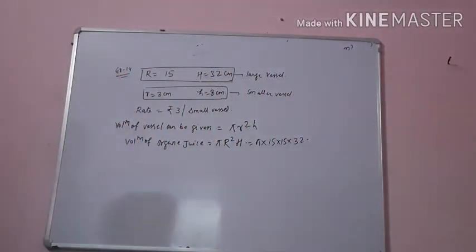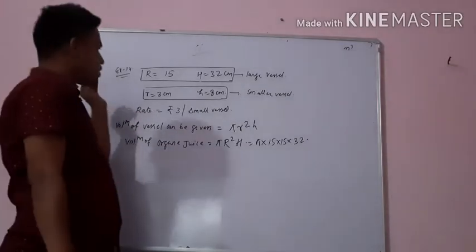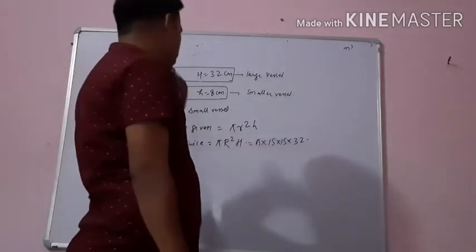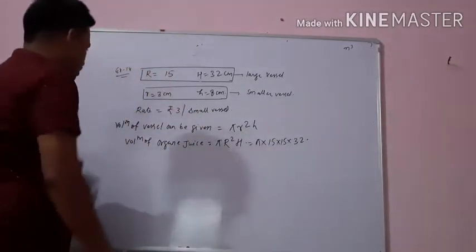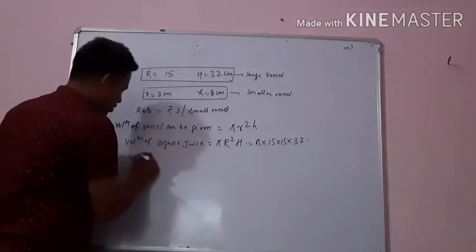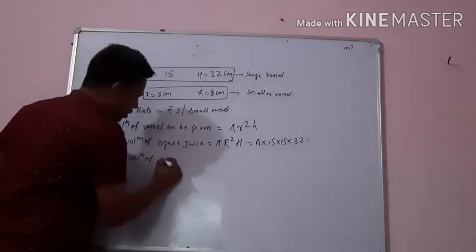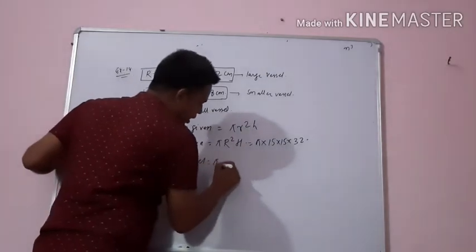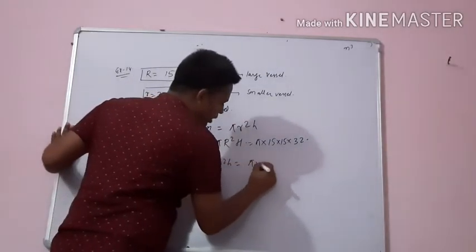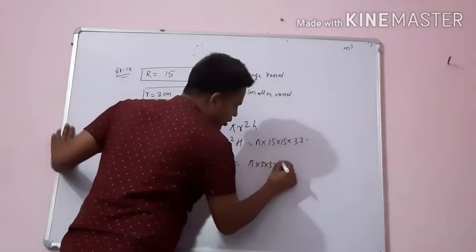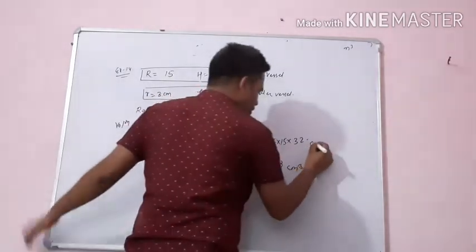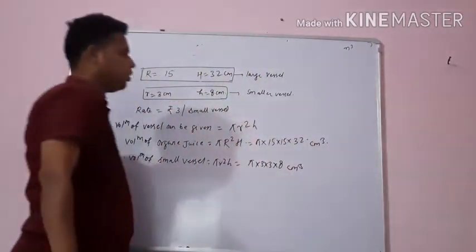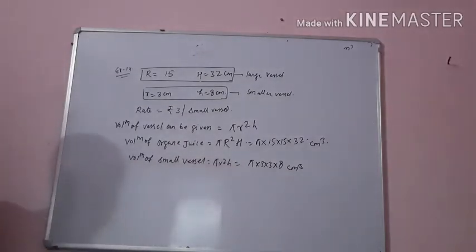Now orange juice is transferred into small vessels. Volume of a small vessel is given as pi r square h, pi into 3 into 3 into 8 centimeter cube. Now we have to find number of vessels.